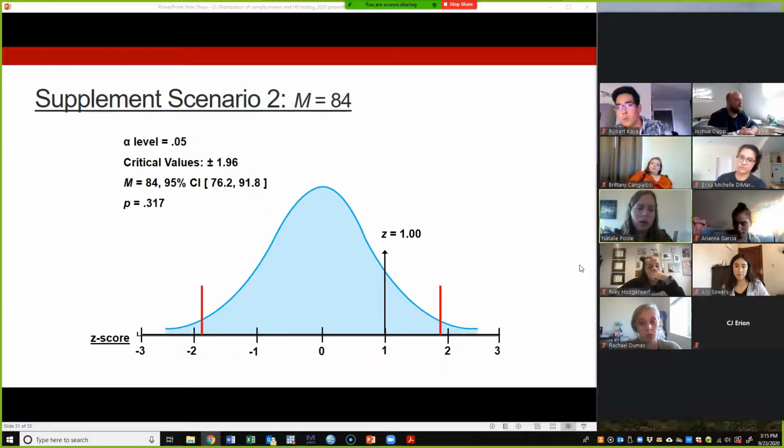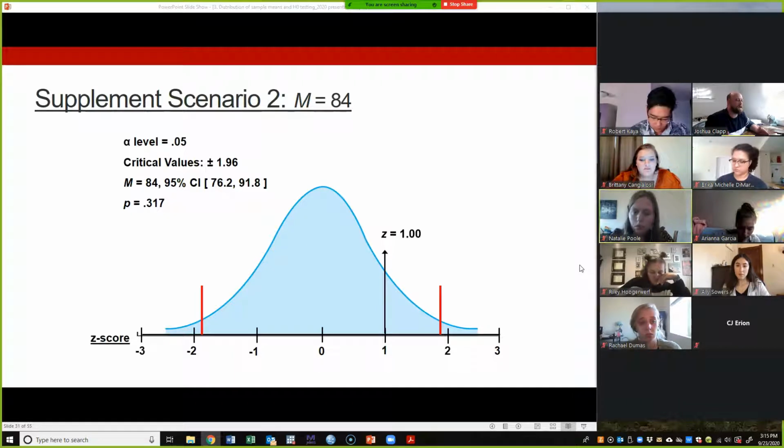Fantastic, you're 100% on. If Erica is taking a traditional null hypothesis approach, she is saying I don't have sufficient evidence to say that it's not 80. I failed to reject the null hypothesis. I don't have sufficient evidence to claim that older adults taking cognitive supplements don't have a mean score of 80.